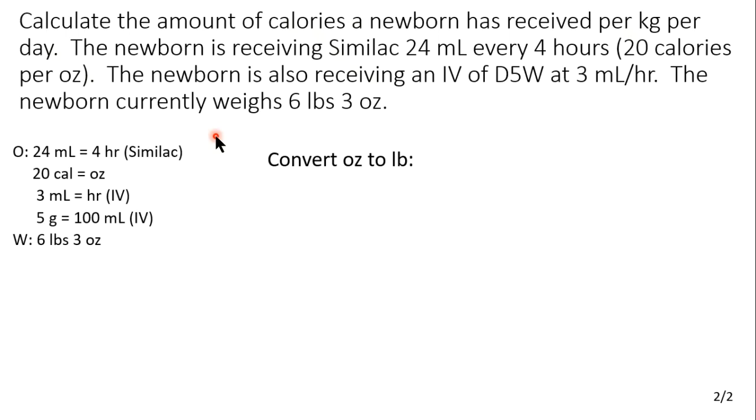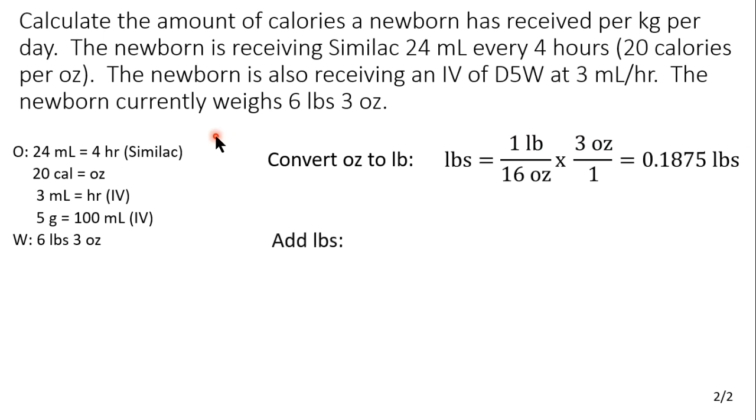We set it up as pounds equals 1 pound over 16 ounces times 3 ounces with a 1 in the bottom as a placeholder. The ounces cancel out, and we have 0.1875 pounds. To that, we add the 6 pounds. So in total, the weight is 6.1875 pounds.